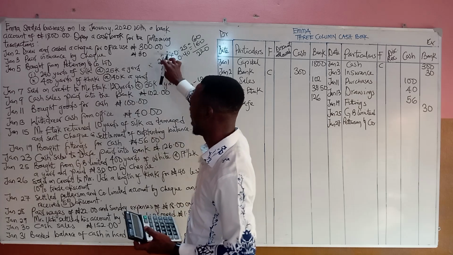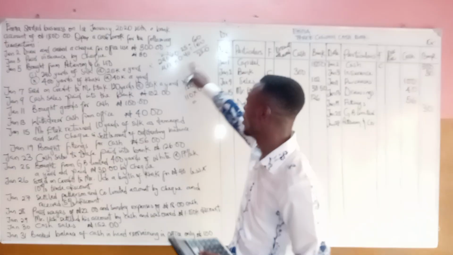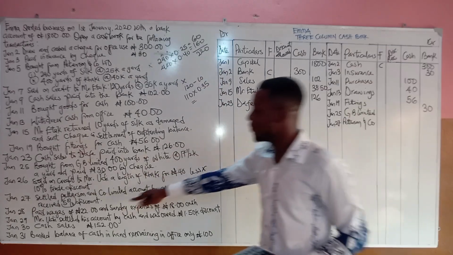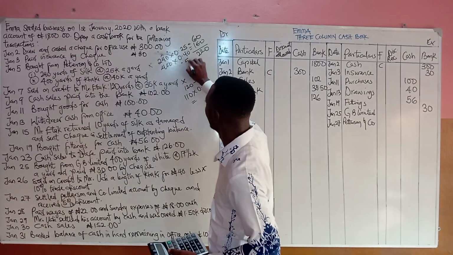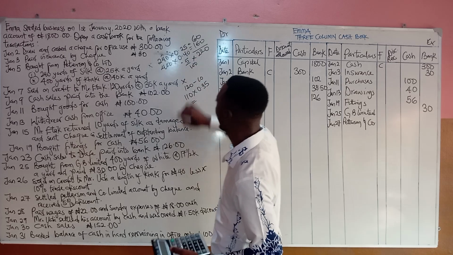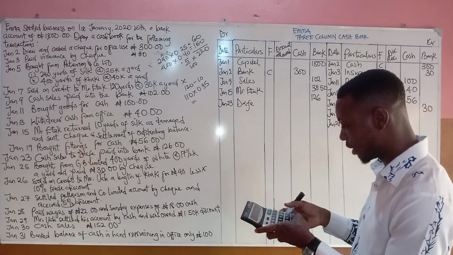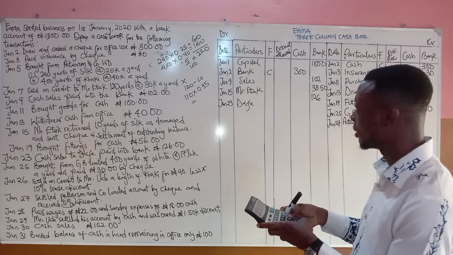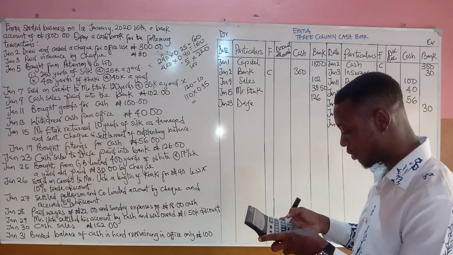Now that we know that the actual price for this particular product to give to Peterson and Co. is 220 naira, there is 5% discount. So 5% discount, which is 5 over 100 multiplied by this. So I have 220 multiplied by 5 divided by 100.